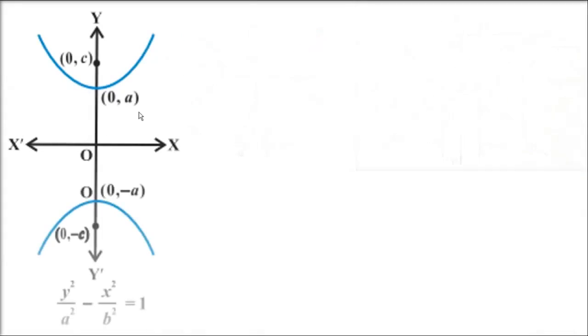Now let me take you to the conjugate hyperbola, which is a kind of vertical equivalent. So what does conjugate mean? Let me take you back to complex numbers. If you remember a plus ib, what is the conjugate of a plus ib? It's a minus ib. Same concept we can apply here.